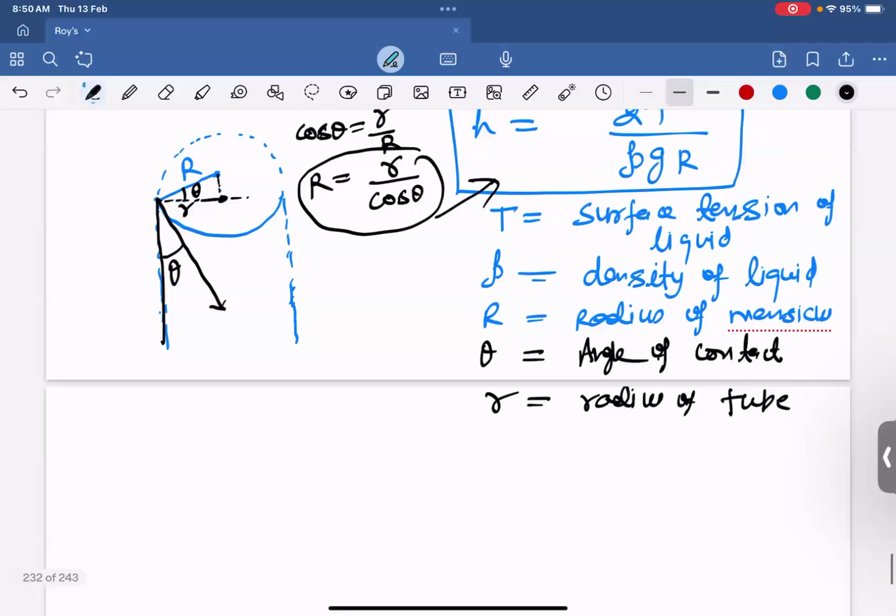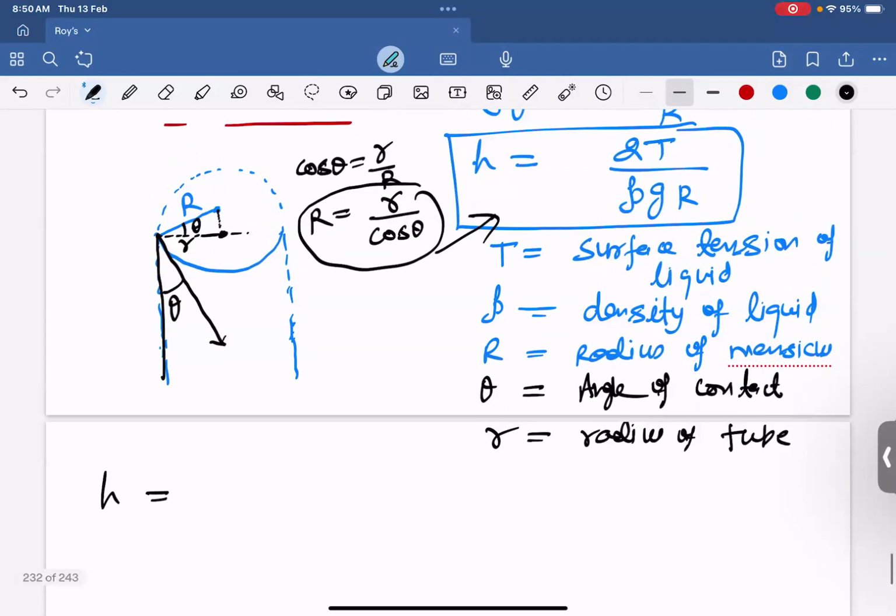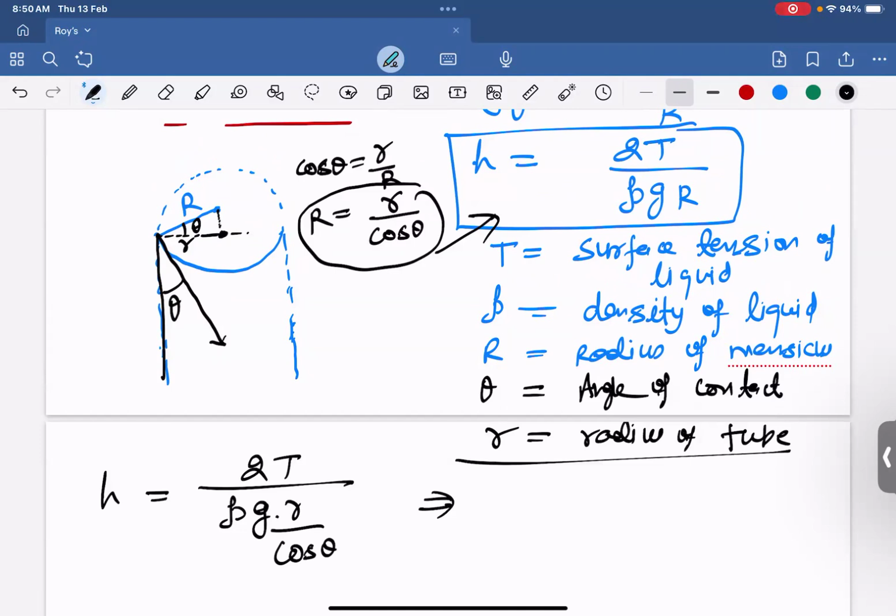So in the equation, the rise of liquid h formula is 2T divided by rho g capital R. I can use small r by cos theta, and cos theta will go up. So what you get here, the height formula is 2T cos theta divided by rho g r.